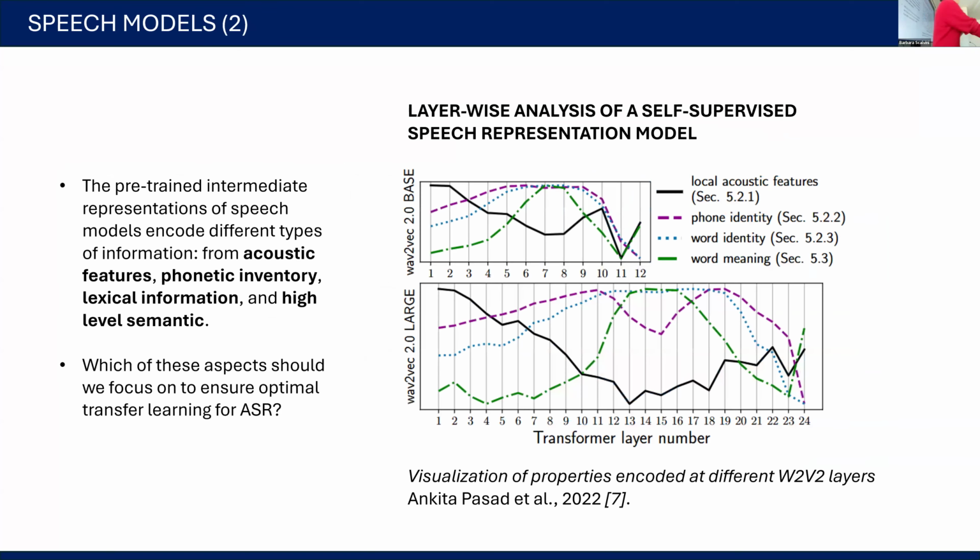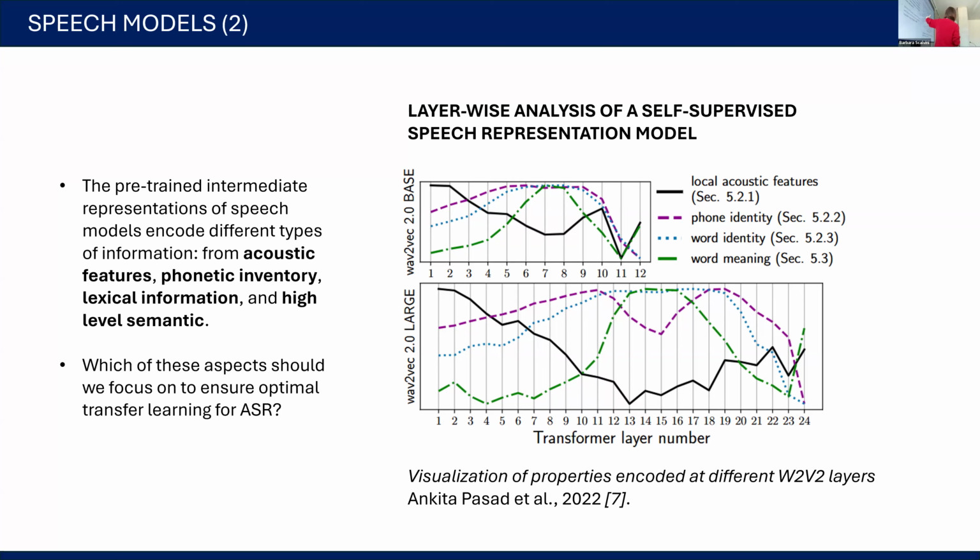However, there have been people who have looked into the models, looked into the layers, and seen that indeed different types of information are encoded in different layers. This is particularly a study on Wav2Vec 2, where they identified that yes, there are local acoustic features that matter, and they're particularly expressed in the first few layers.